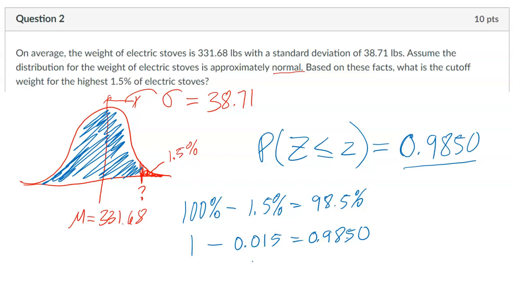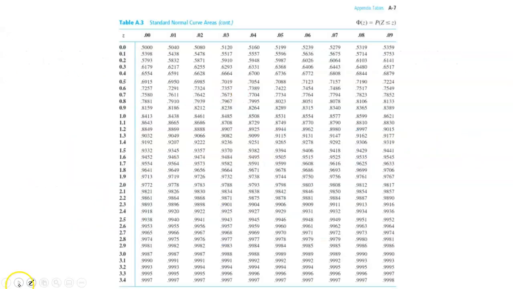Knowing this, let's go to the Z table and start looking for that 98.5. Okay, it's 98.50.